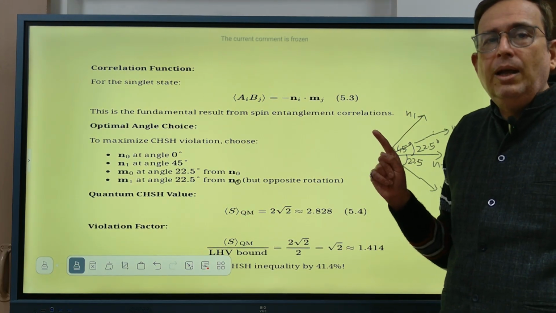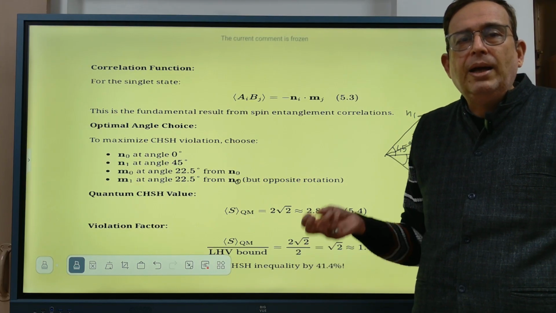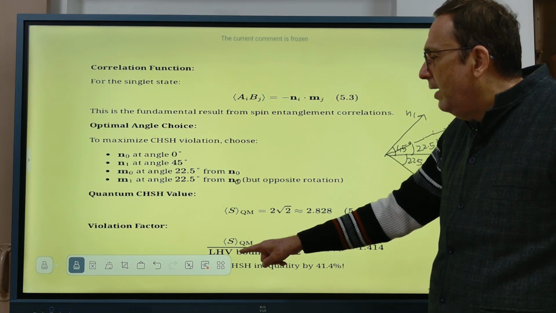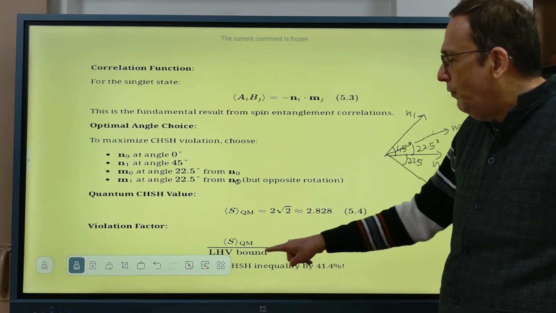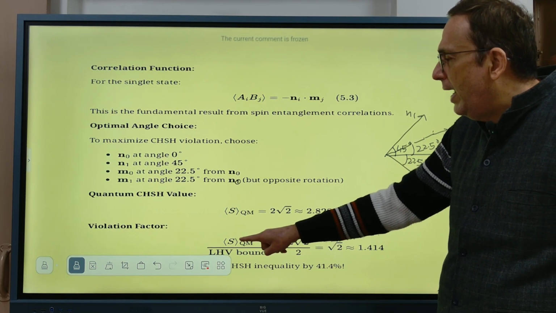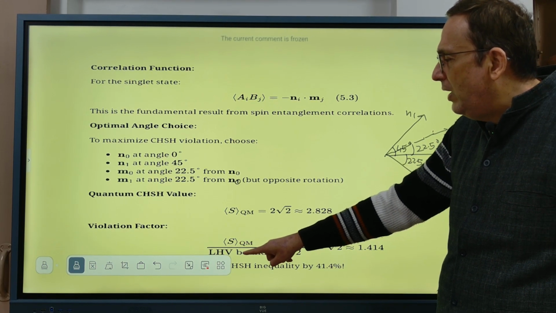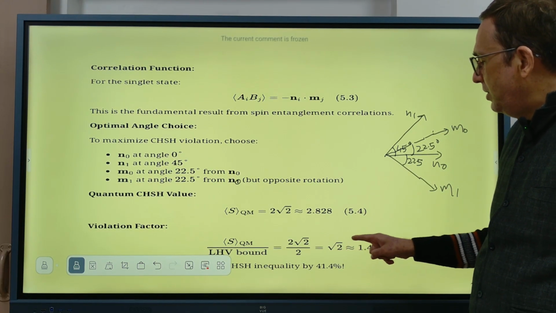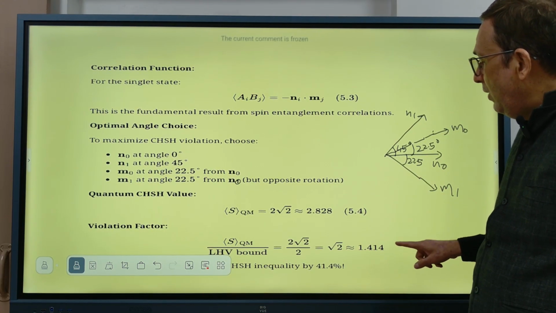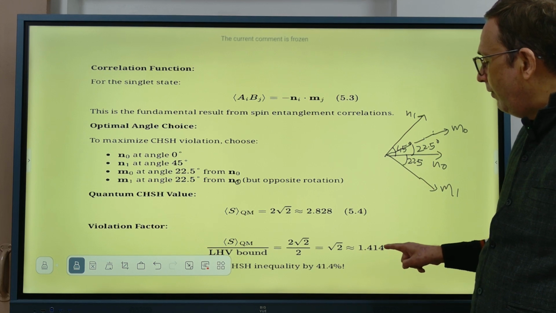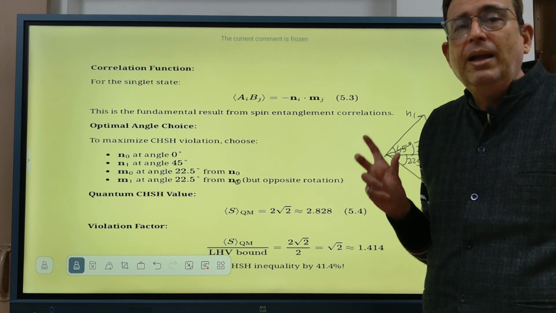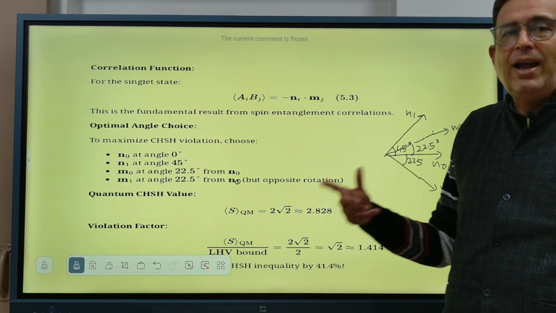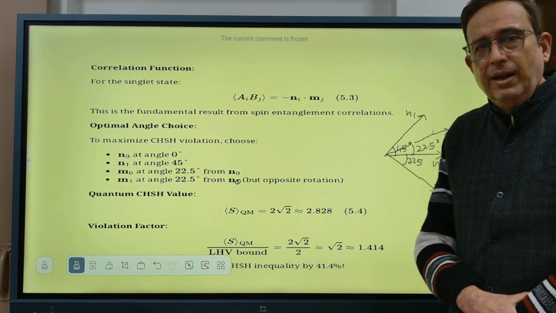And the bound for S from the local hidden variable theory was 2. So the ratio of the quantum mechanical expectation value to the local hidden variable bound is 2 root 2 divided by 2, which is root 2, about 1.414. So it is violated by a very high extreme, almost a 41.4% violation is seen here.